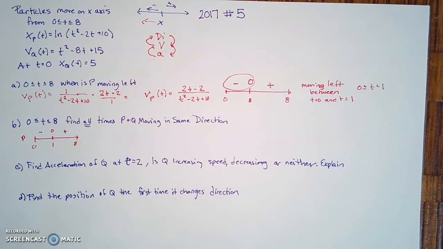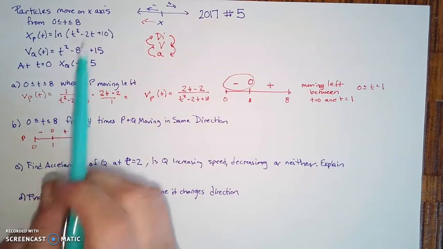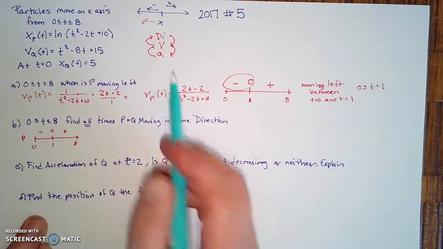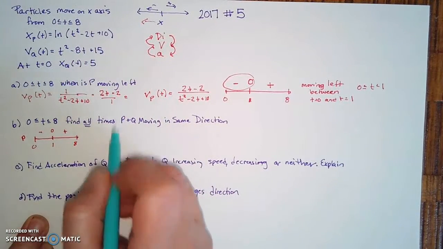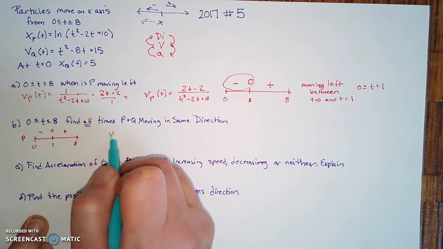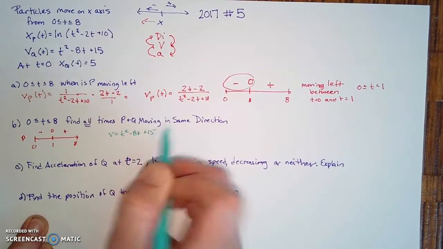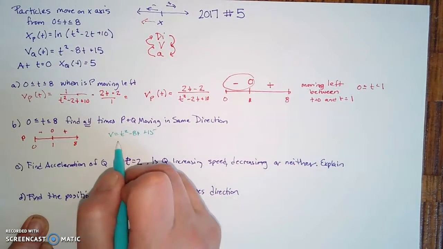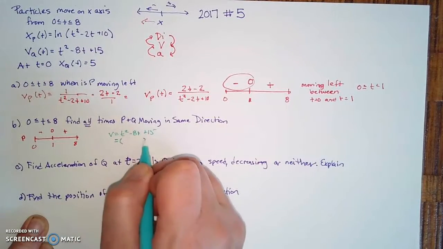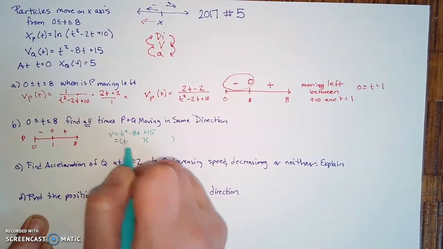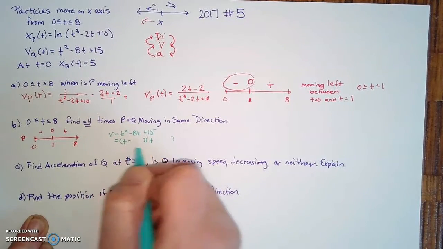So now I need the velocity for particle Q. I've got it written right here, velocity of Q. So I'm going to put it here and then work it over there. So v equals t squared minus 8t plus 15. I need to find where the zeros are, so you're often going to factor, but the factoring is never going to be hard. It's t and t. Both signs are negative.